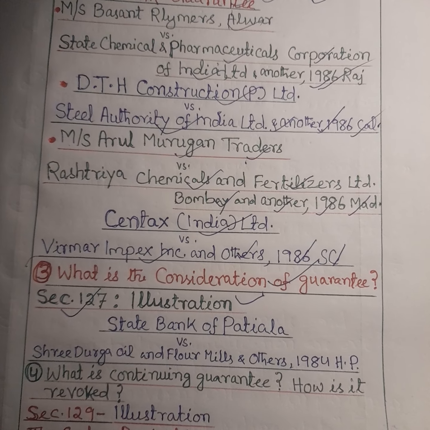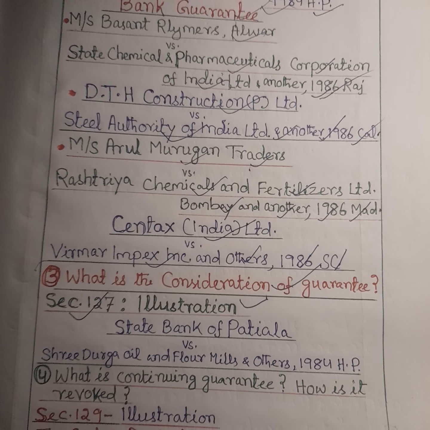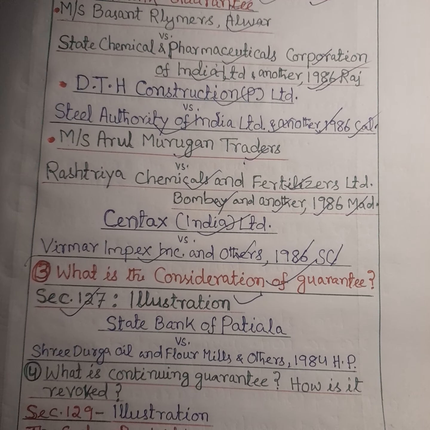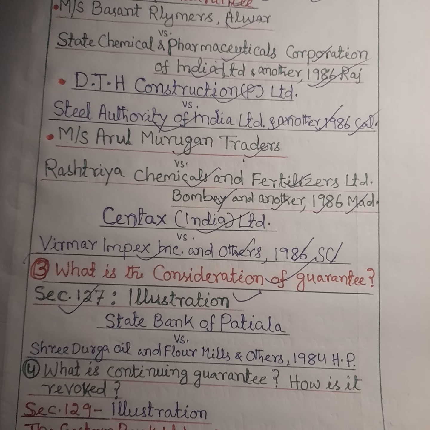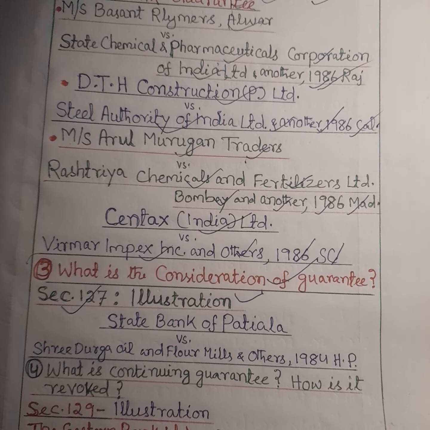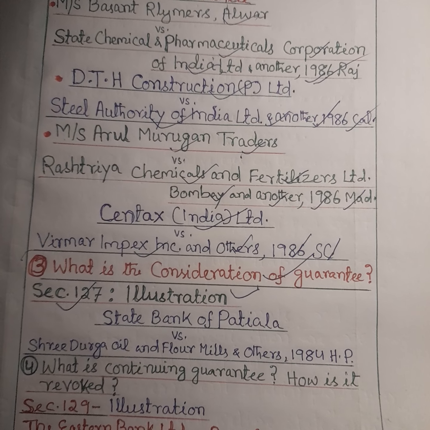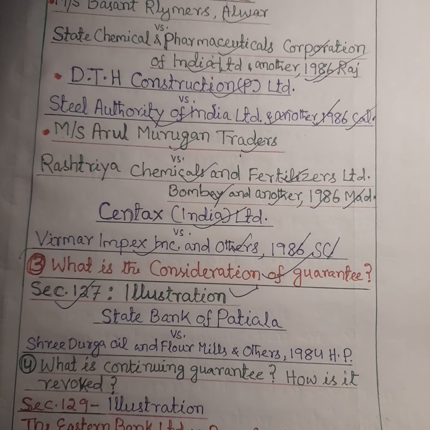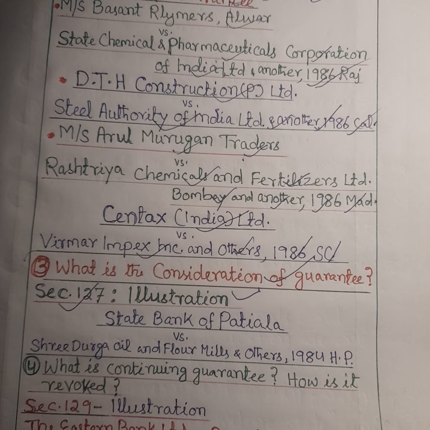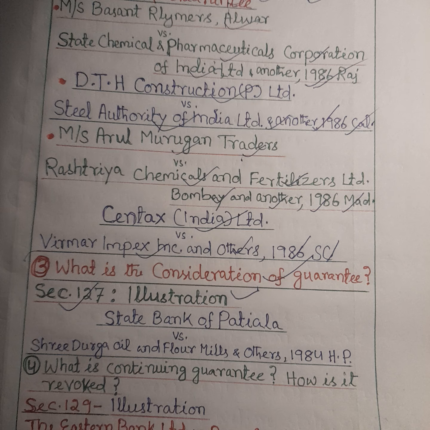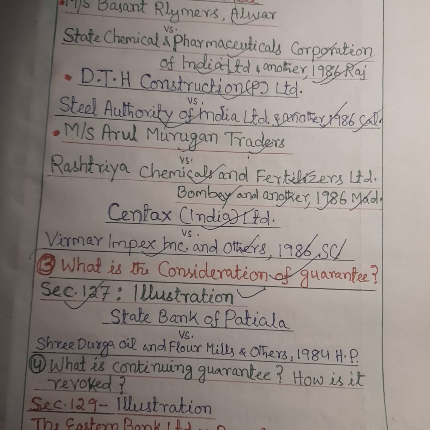But here the consideration may be anything done or any promise made for the benefit of the principal debtor. So, anything done or any promise made for the benefit of the principal debtor may be a sufficient consideration to the surety for giving the guarantee.